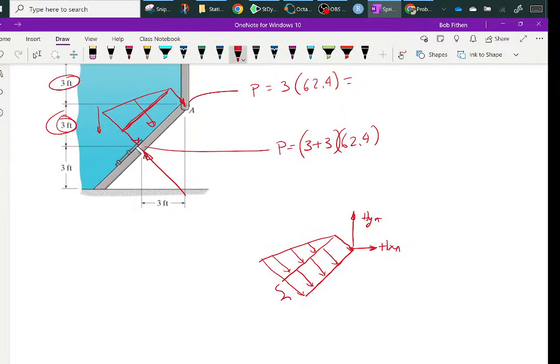So this will be 3 times 62.4, and this one will also be 3 times 62.4. The reason it's 3 is if you are at A and you swam down another 3 foot to the bottom, you ended up with that.